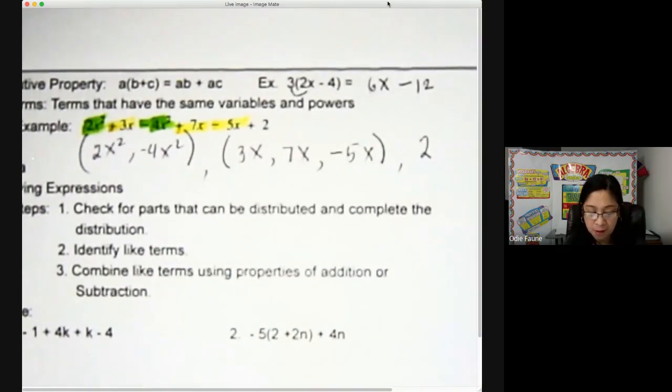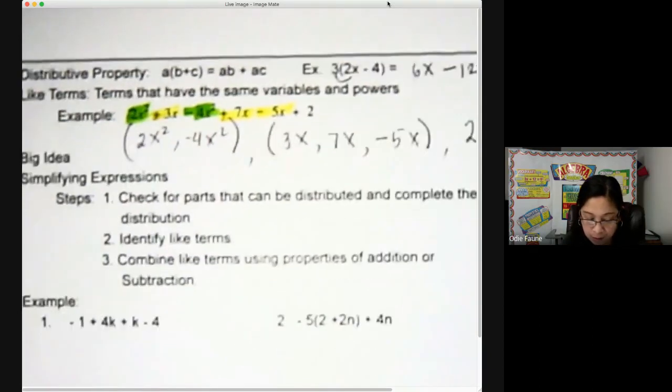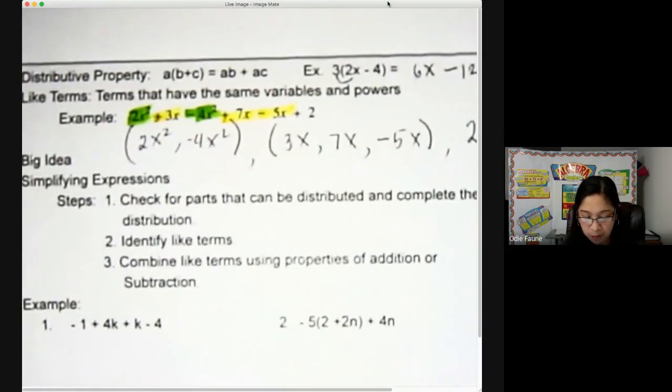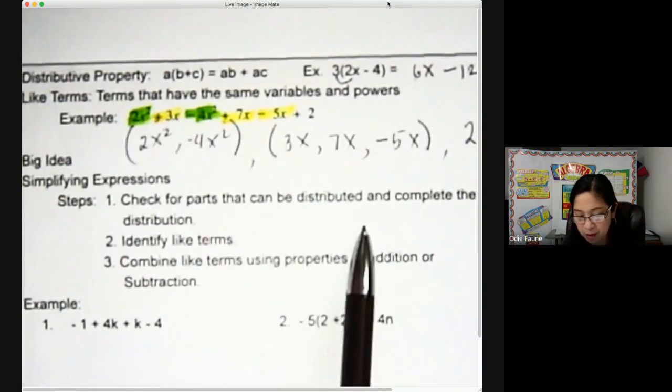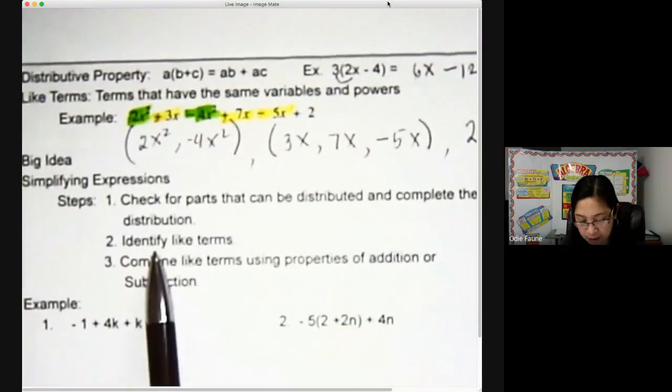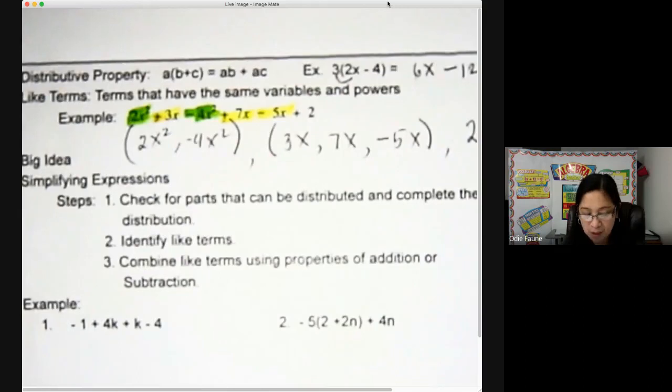Okay, so in simplifying expressions, you follow these steps. First, you check for parts that can be distributed and complete the distribution. Identify like terms and then combine like terms using properties of addition or subtraction.